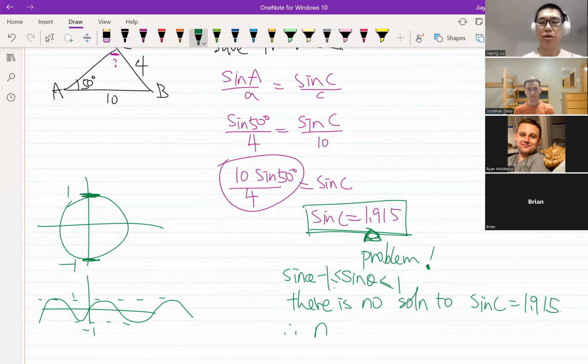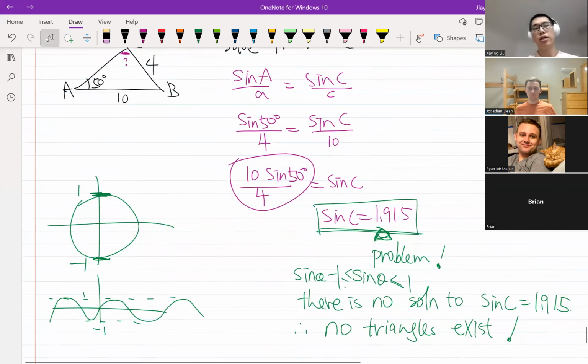Therefore, no triangles exist here. They just give you a problem, but it's perfectly normal that when you try to solve it you end up finding no solution. It's impossible to have a triangle in this case.